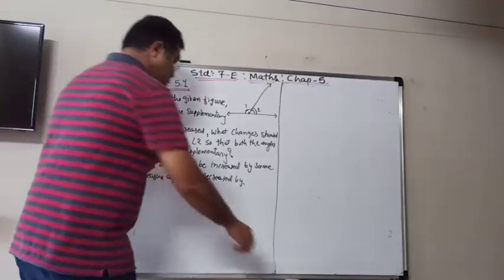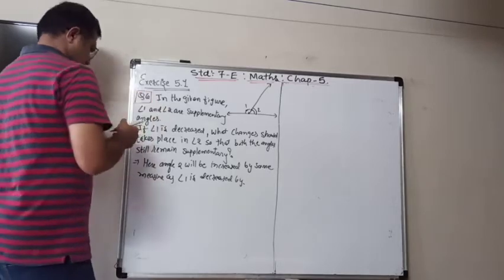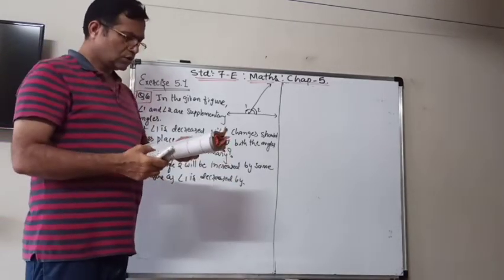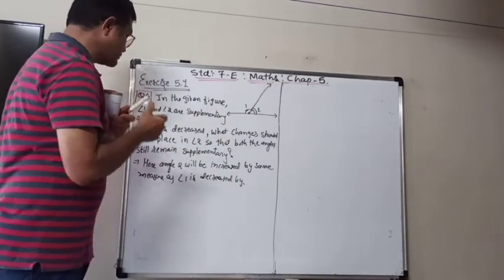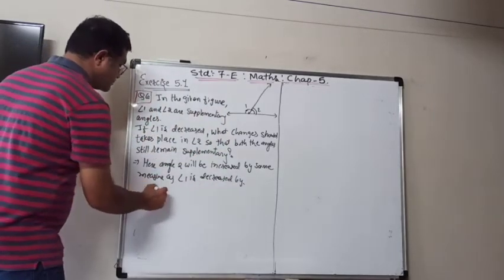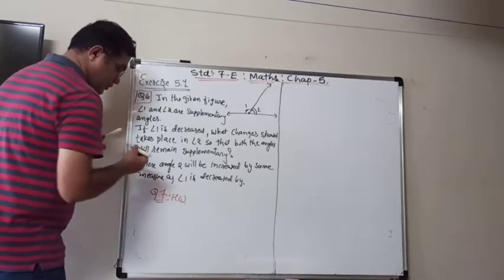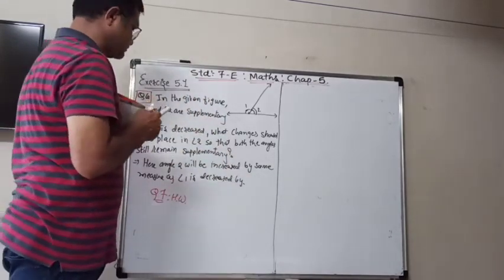So here question number 6 is there. Now question number 7 you have to do for the homework because it is very simple. Question 7 you will do for the homework. Now question number 8 we will do now.